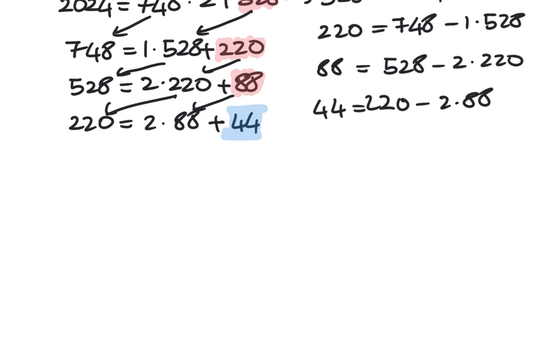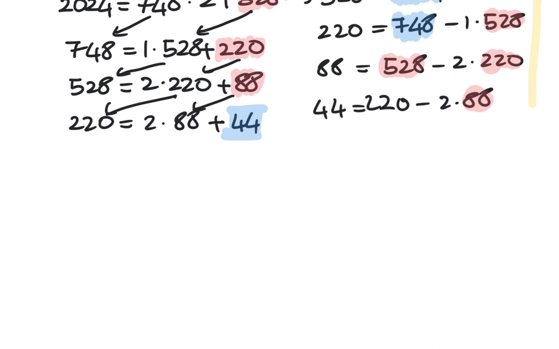In this writing, we are going to remember that we are not going to multiply out things that are remainders. So 88 is a remainder, 220 is a remainder, 528 is a remainder, and at the end we're going to want to look at what happened to 748 and 2024. Let me explain what I mean. We have these four equations, and we're going to look at them from the bottom up.